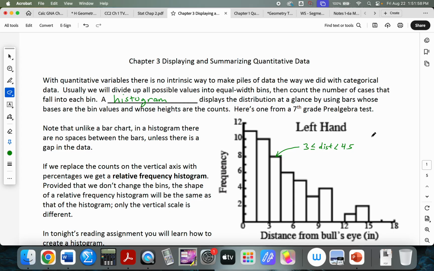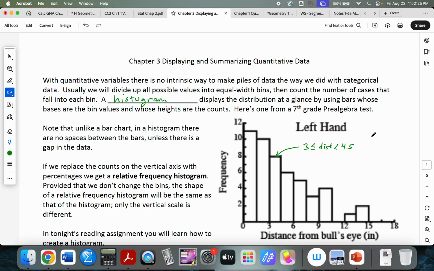It does not include 4.5. If it was exactly 4.5, that would go into the next larger bin. So you include the bottom but not the top. That's something that comes up sometimes. And for my 7th graders, I test them on that, and it takes them a little while, but they usually get it eventually.